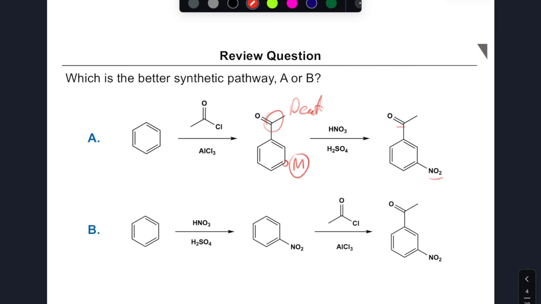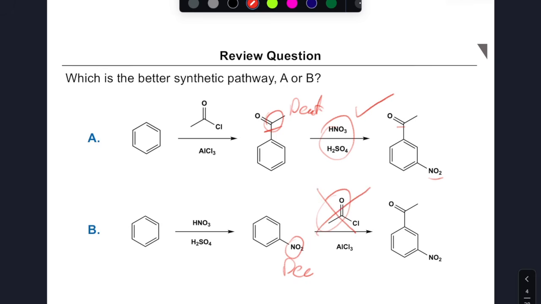So that's all possible. More importantly, even though the ring is now deactivated by adding this acyl group, the nitration will still work under those conditions. If we change the order of addition, this is once again deactivating, but at the same time, doing acylation, this one is not possible.